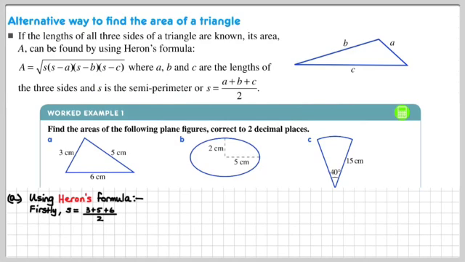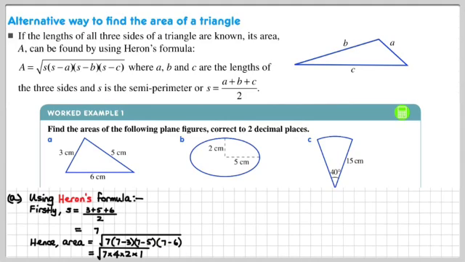Using Heron's formula, we've got the semi-perimeter is 3 plus 5 plus 6, all divided by 2. Let's make sure I haven't made a mistake. 3 and 5 is 8 and 6 is 14. 14 over 2 is 7, that's right. Now we'll plug that 7 into our square root formula. That's S minus the 3, S minus the 5, S minus the 6.